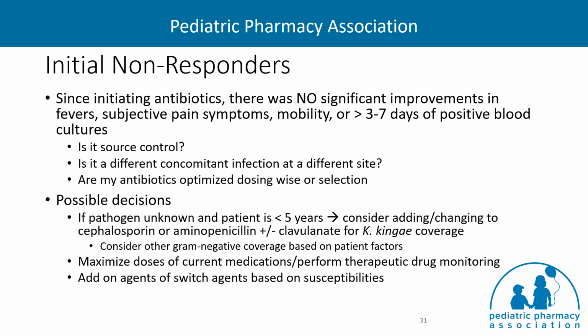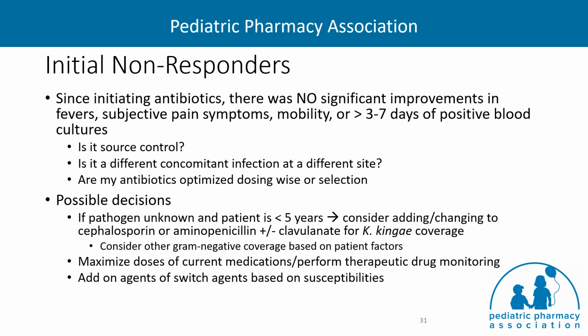Do they need to have another surgery? Is there another infection that we're missing at a different site? Optimize your dosing, increase your doses as much as you can safely to try and improve outcomes. And then if you've done all those and you've checked all those boxes, the other possible decisions are, you could add on different coverage.